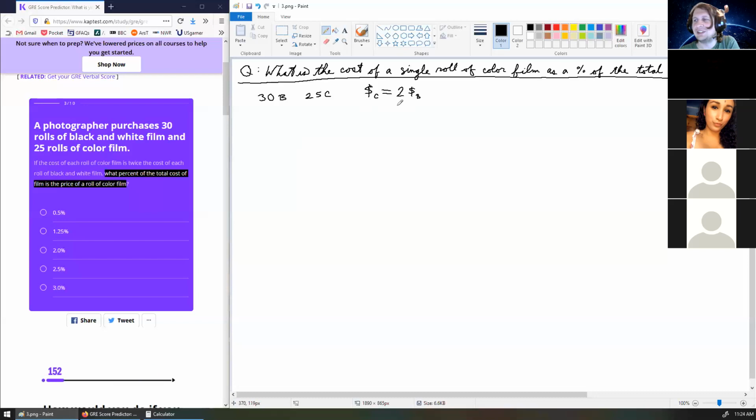Okay, so we know this. The cost of color is equal to 2 times the cost of black and white. So what's our total cost? It's going to be the cost of all the film the person ordered, right? It's going to be equal to 30B plus 25C.